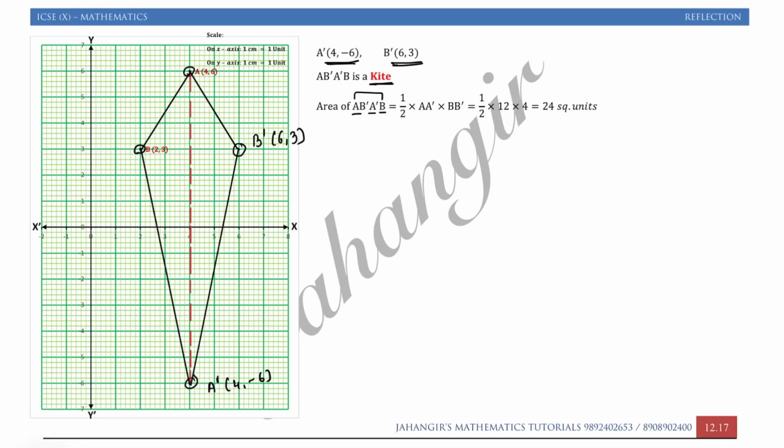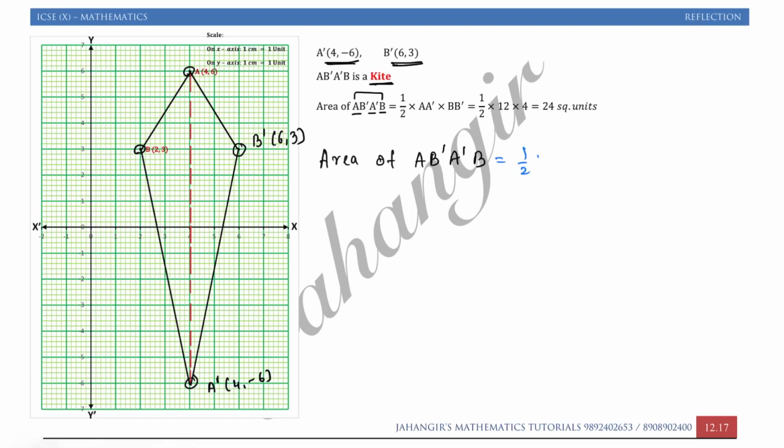And now we have to find the area of the figure. So area of A, B', A', B is half into D1 into D2. See both diagonals. The first diagonal starts from 6 to -6, it's 12 units.